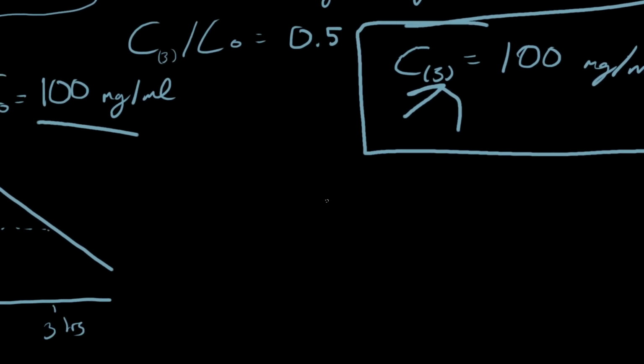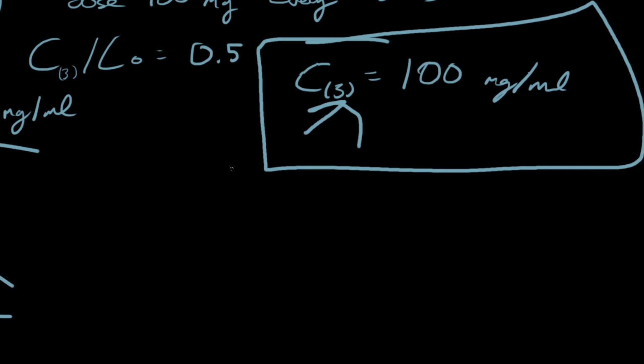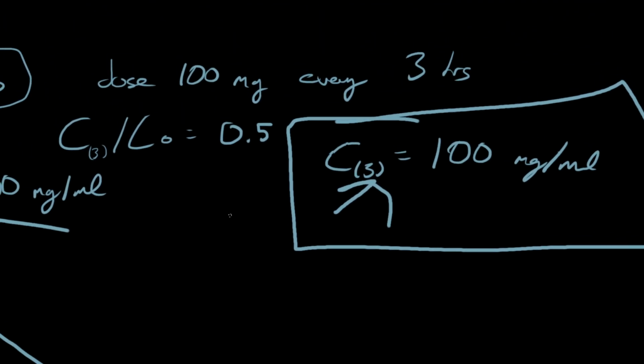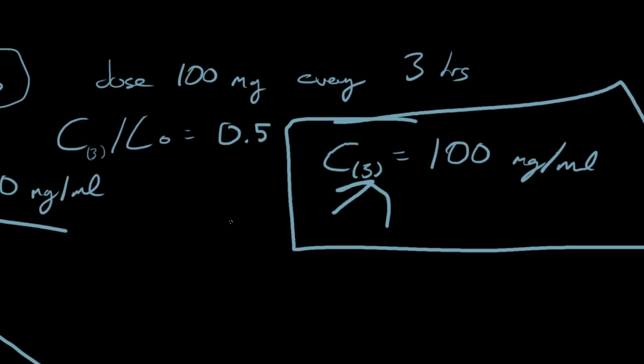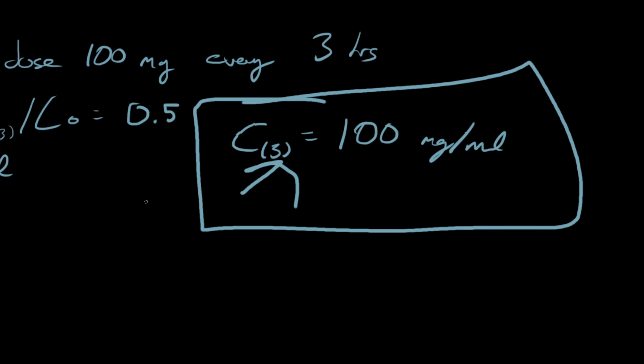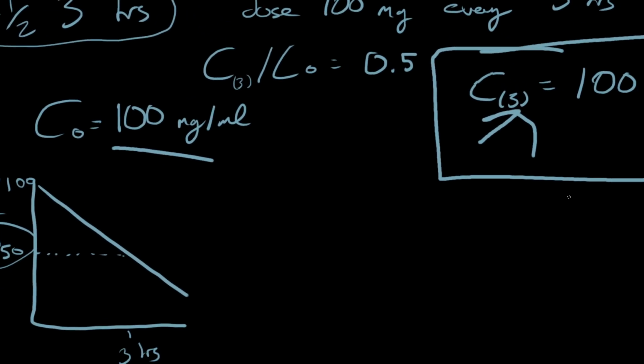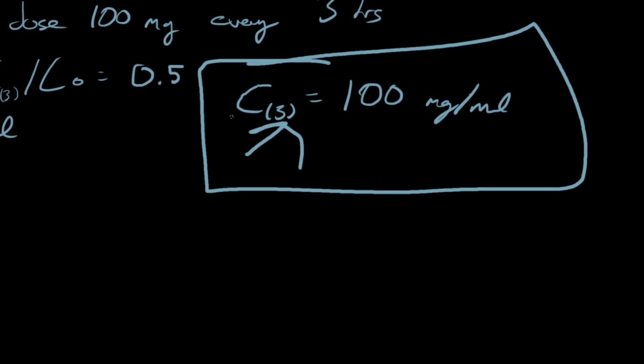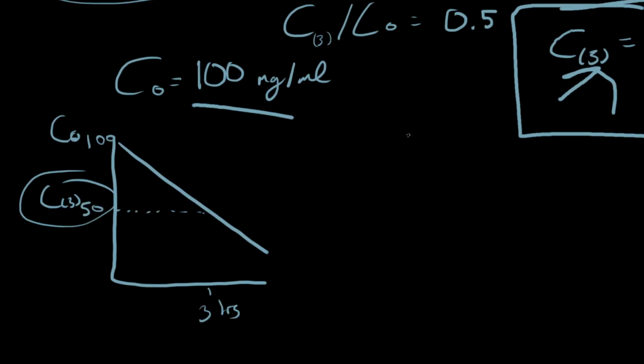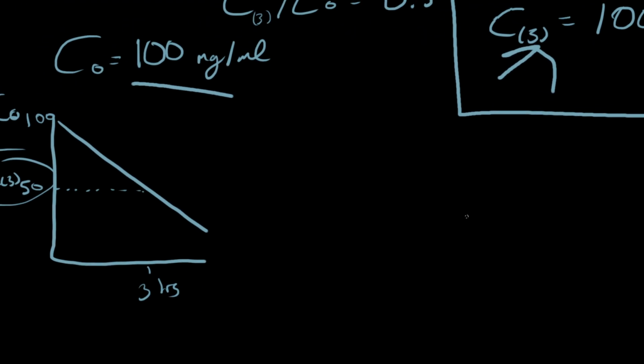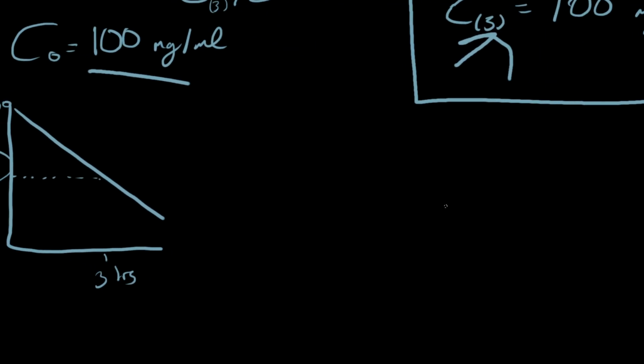The ways to do it: you could increase the dose of the drug, you could increase the half-life of the drug, or you could somehow inhibit the clearance of the drug. In the case of this problem, for us to get a concentration at 3 hours that's 100 milligrams per ml, the easiest way would be to just double the dose.